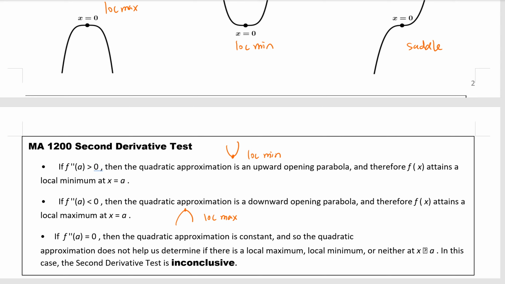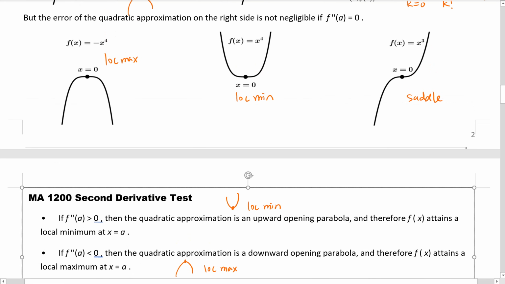And if the second derivative is 0, then the quadratic approximation is constant. It means the quadratic approximation does not help us determine whether there's a local maximum, minimum, or neither at x equals a. So you need to look at higher terms.